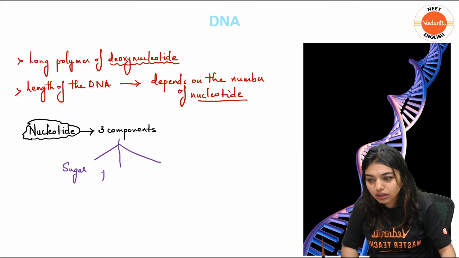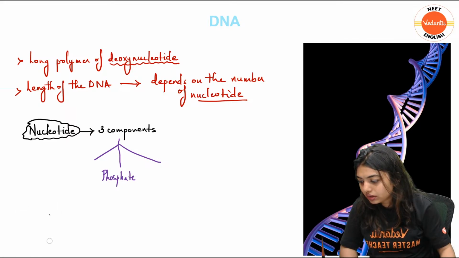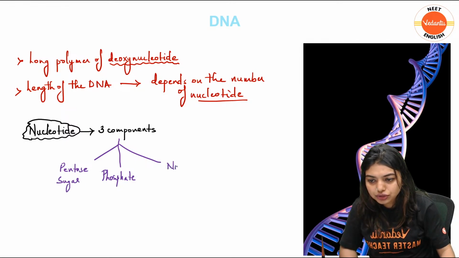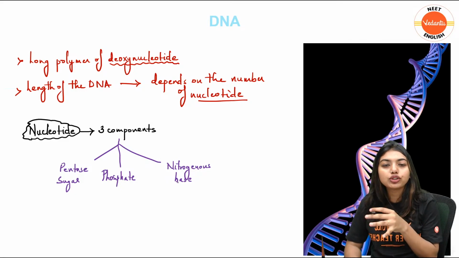So we have sugar, we have phosphate group, and then you have your... Let me write here, pentose sugar. So it is easy to remember, pentose sugar. And here we have nitrogenous base. These are the 3 components of your nucleotide.